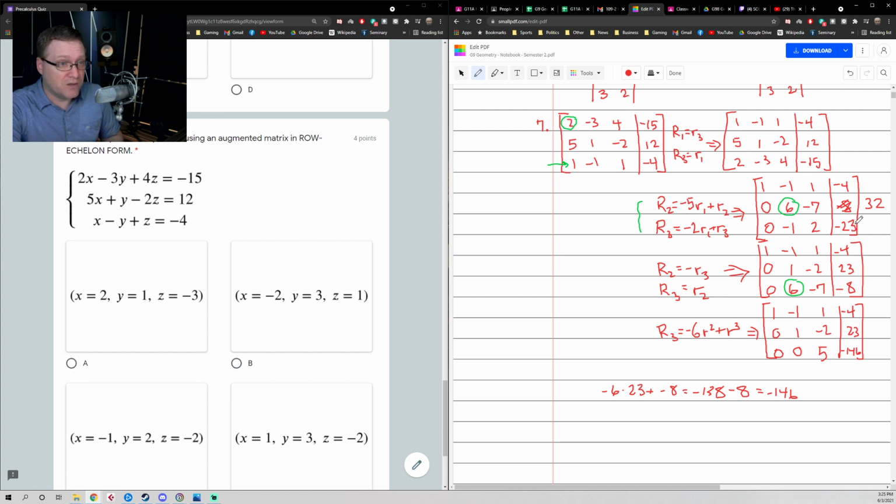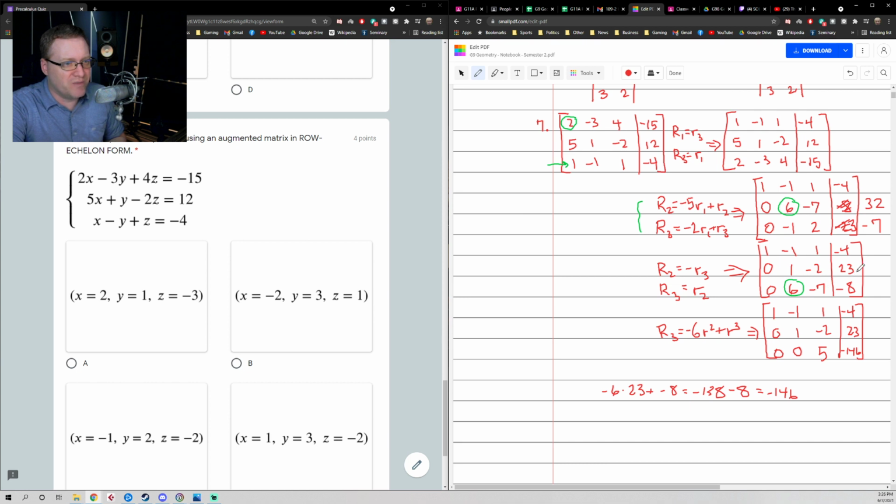This one right here. -2 times, okay, -2 times -4 is 8 plus -15 is -7. Yep, -7. This should be -7. Jeez, I'm sorry, guys. All right, and then switching rows is the correct thing to do.